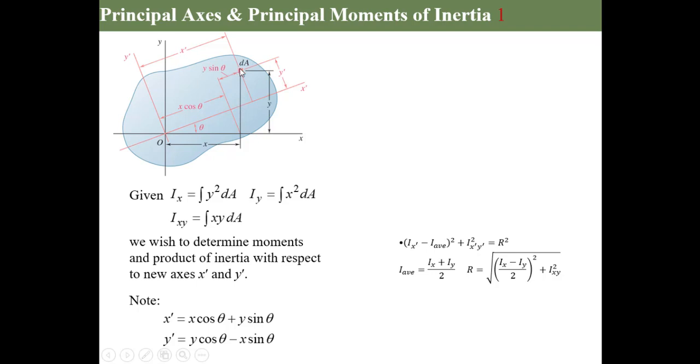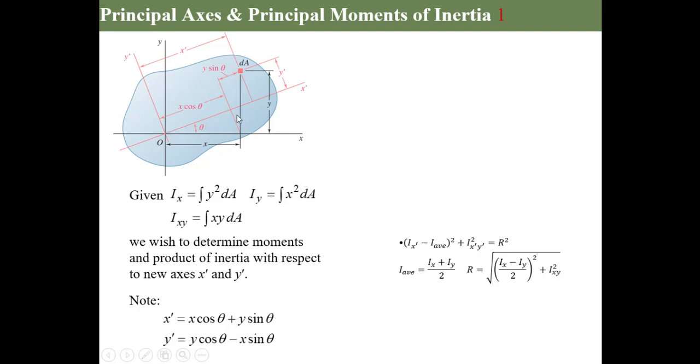So if I look at this red dot, I come over x and then I go up y. That's the coordinates according to the black coordinate system, x, y. If I want to describe that red dot in terms of the rotated red coordinate system, so I'm coming up, up, up. What I can do is I can say, oh, this little chunk is x cosine theta. So here's our old x, here's theta, its adjacent side. Okay, so this chunk is x cosine theta.